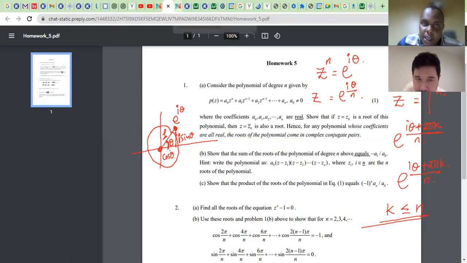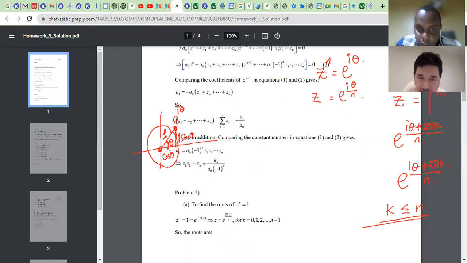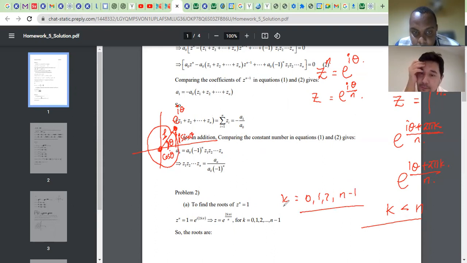Let's see what they did. Yep, exactly. So instead of writing that k is less than or equal to n, actually k is strictly less than n. They said that k is going to be equal to 0, 1, 2, up to n minus 1.